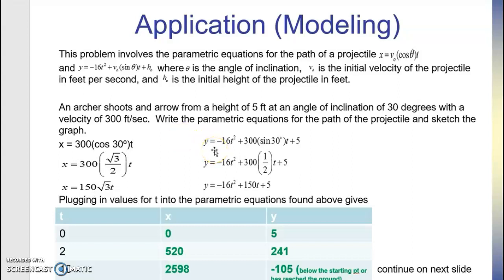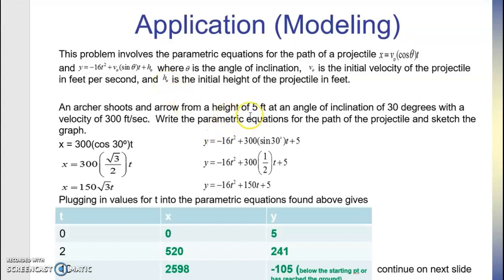Finding what y equals in parametric form by plugging into the appropriate equation, we have our angle to plug in once again, which is the 30-degree angle. We have our initial velocity to plug in once again, v sub 0, which is 300. We also have the initial height to plug in.